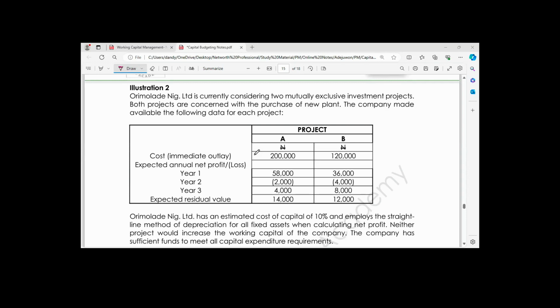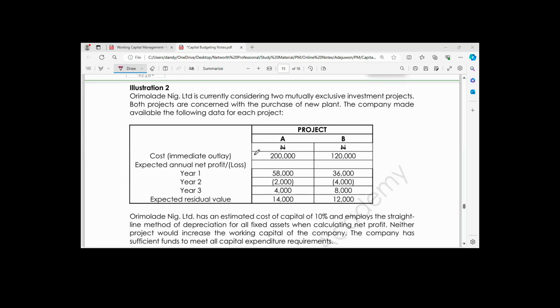I explained to you last time that when calculating capital budgeting, especially internal rate of return, net present value, payback period, every other technique in investment appraisal, apart from accounting rate of return, you need cash flow.